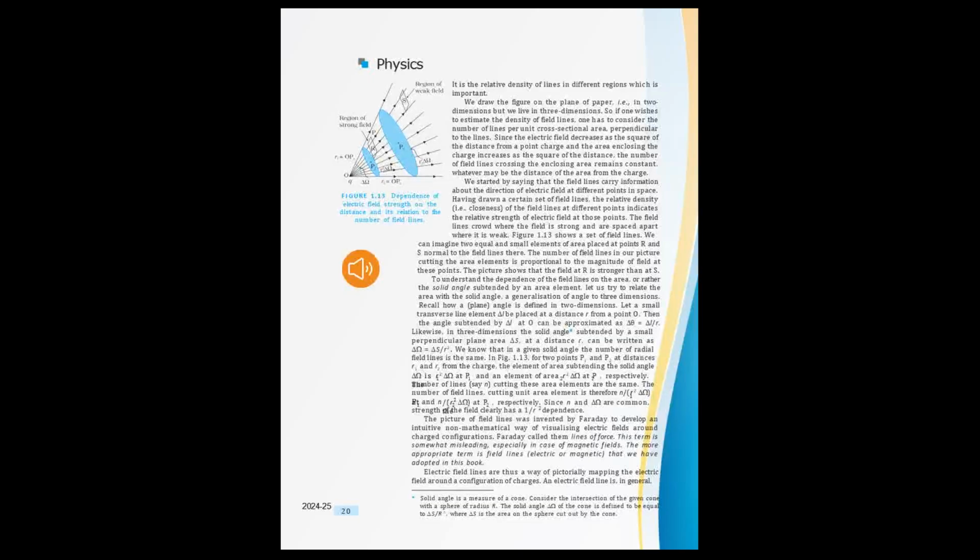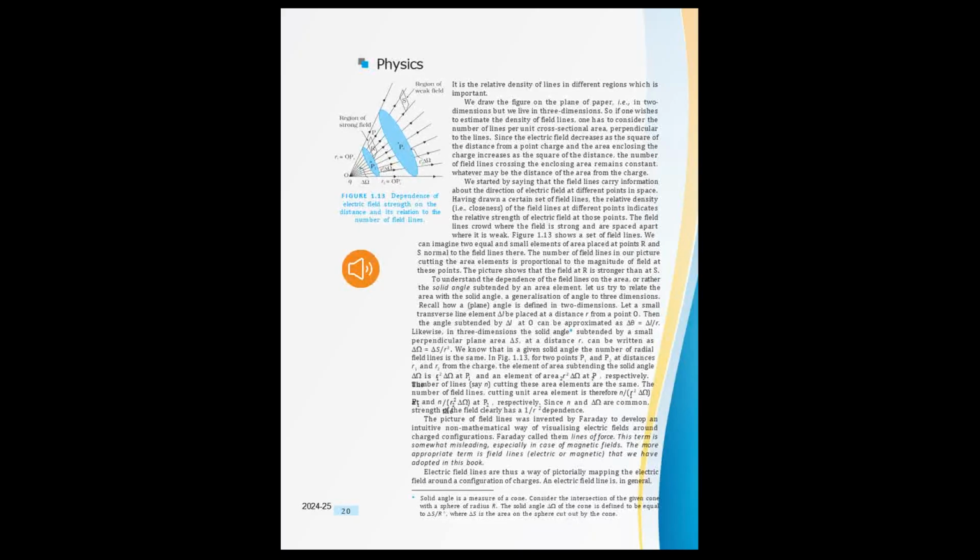The figure 1.13 shows a set of field lines. We can imagine two equal and small elements of area placed at points R and S normal to the field lines there. The number of field lines in our picture cutting the area elements is proportional to the magnitude of the field at these points. The picture shows that the field at R is stronger than at S.